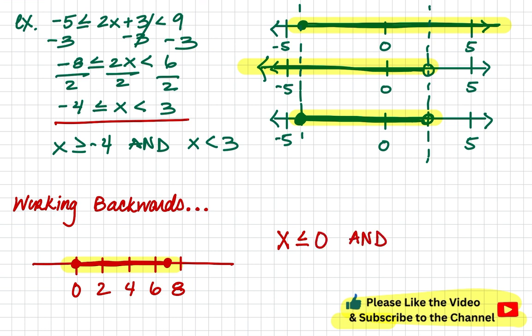On the other side, we have a filled in circle between 6 and 8, so we're going to say 7, and it looks like that's the highest value. So x is going to be less than or equal to 7.